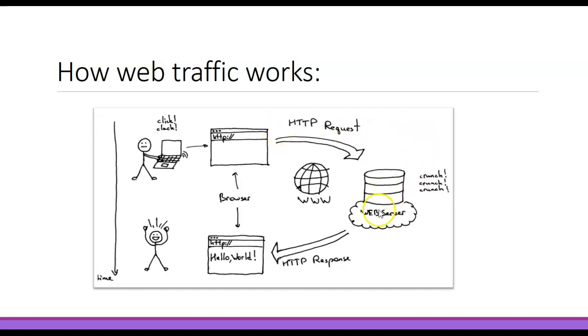Now you send an HTTP request to the web server and the web server will give you a response. You might get the web page you are asking for, or you might get 404 or other errors. Okay, so this is the interaction between the client and the web server.